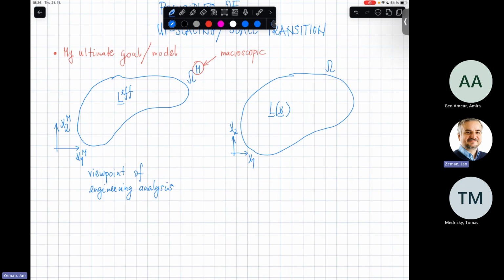And I said that in order to have this material independent, I need to consider the case in which this is not finite size, but infinite size. So this is something which is called, again, in my jargon at least, macro scale.